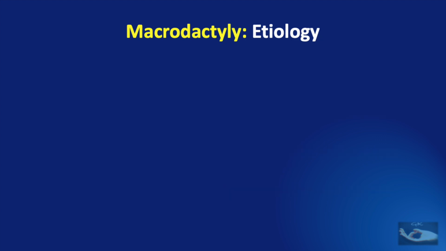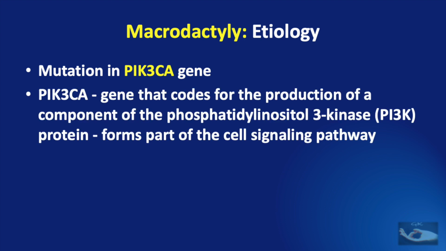The etiology or the underlying cause of macrodactyly is said to be a mutation in the PIK3CA gene. This PIK3CA refers to the gene that codes for the production of a component of the phosphatidylinositol 3 kinase, PI3K, protein, which forms part of the cell signaling pathway.